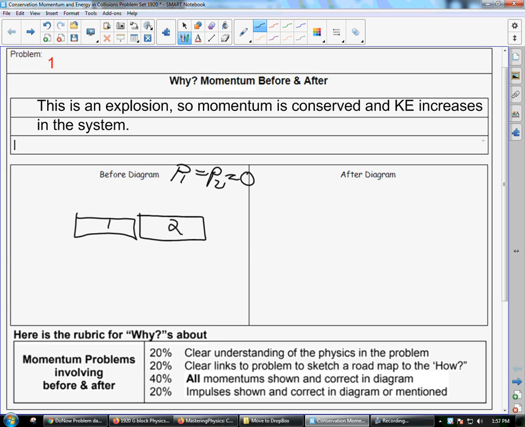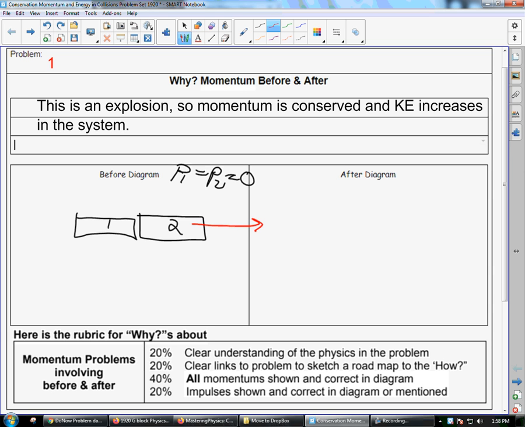Now I'm going to put my impulses in, and I know that all impulses come in pairs, because that's how the universe works, and that's why forces come in pairs. So whatever impulse there is on canoe 1, there's an equal and opposite impulse on canoe 2. There's an impulse in this direction, and I'm going to draw that right on my canoe.